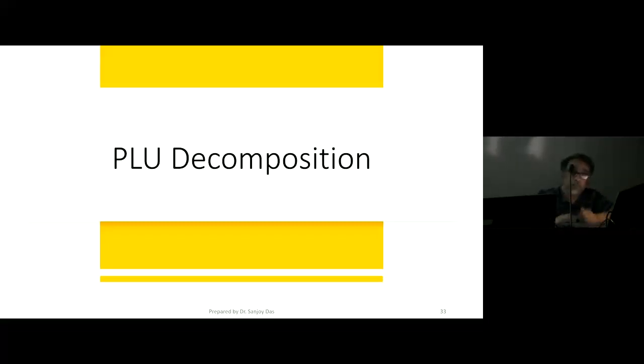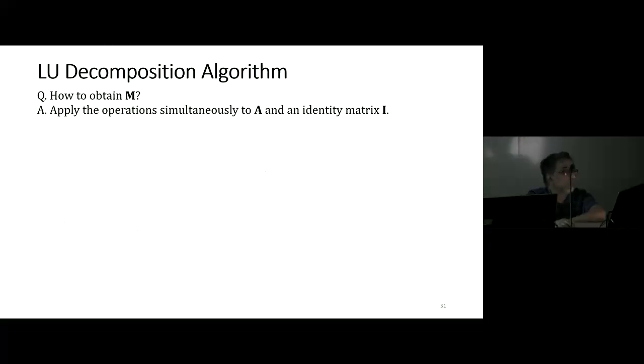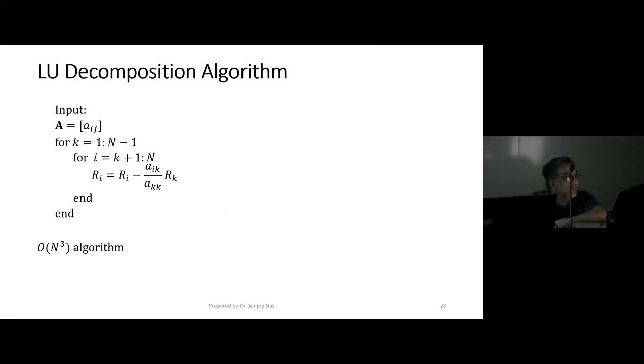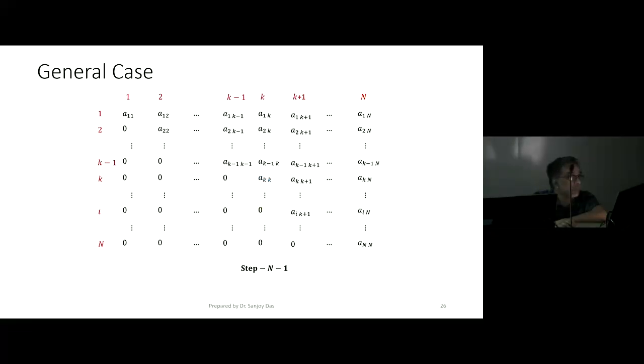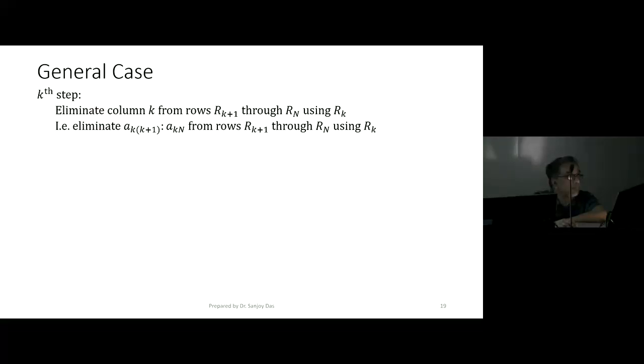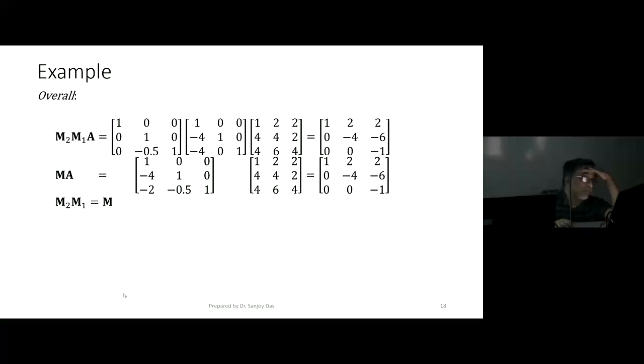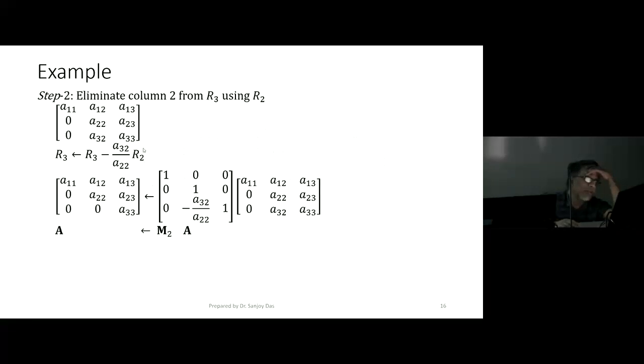So in the example, when we were decomposing the matrix into lower and upper matrices, in the previous slide, at that time, are we also finding M? No, we are not. This is equivalent to what we are doing. What we are in fact doing is just this: replacing the old R3 with R3 minus the scaled version of R2.